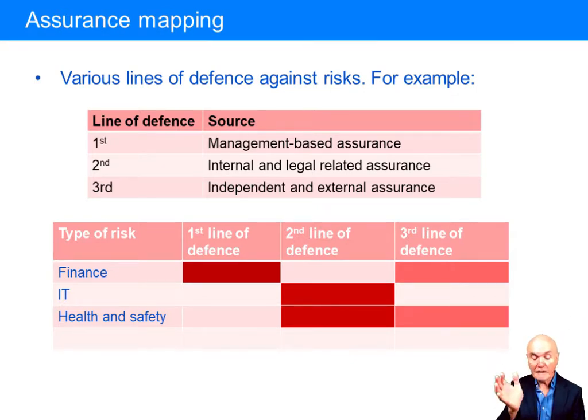Health and safety, we leave out the IT, go on to health and safety. There's probably going to be some sort of management rules given there, but a lot of the health and safety is going to be at a lower management level, supervisory level, foreman type level.